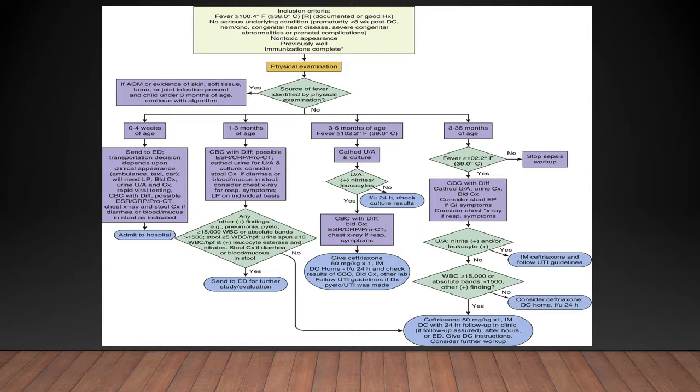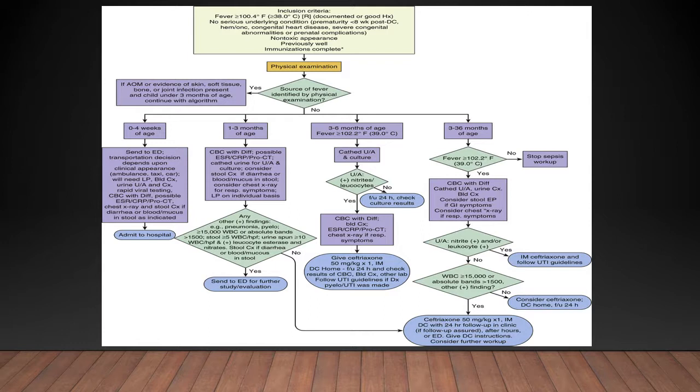If a source of fever has been identified by the physical exam, such as acute otitis media, or evidence of a skin or soft tissue or bone infection, and the child is under 3 months of age, you continue with the algorithm.